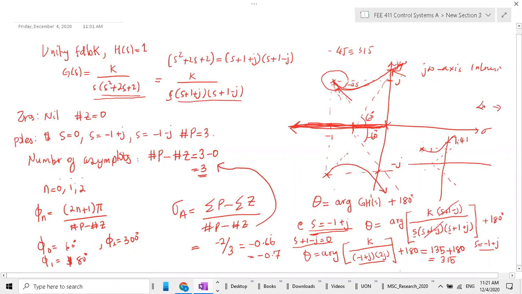The j omega axis helps me know where it will pass through. Also, I'll know it will go in that direction, and the angle of departure in our case is 45. So we know it will go along that 45, not along maybe 180 here, and pass through the j omega axis at that point. So you need this point, these lines, that j omega axis, and that angle of departure.